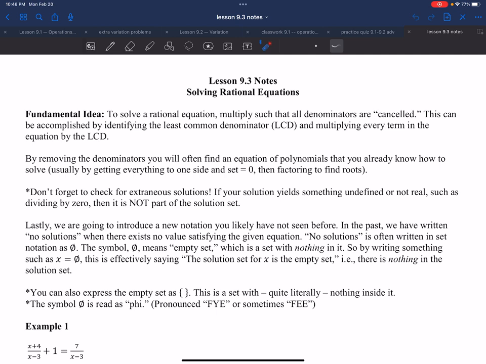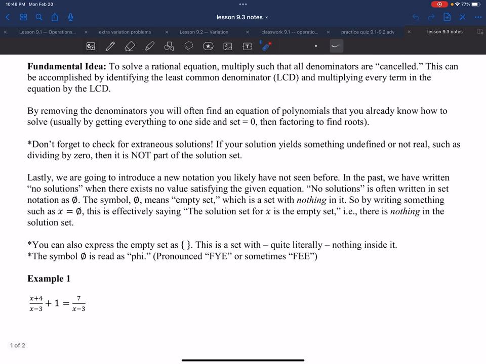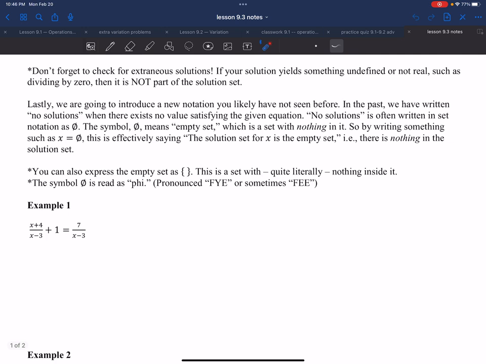And most of these equations, you will be able to factor and find the roots, okay, using some factoring techniques you've done before. This is a reminder here to not forget to check for extraneous solutions, okay?